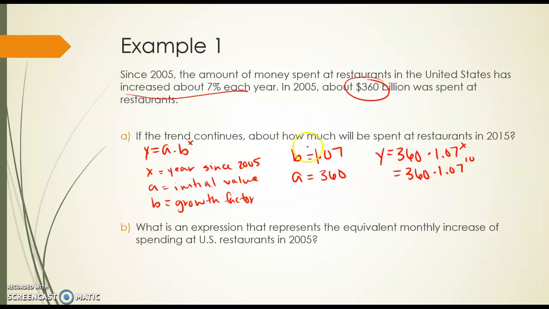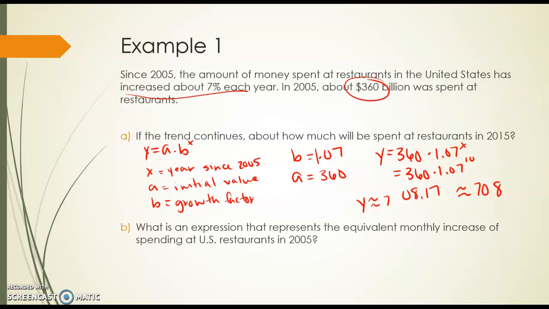All right, so what we end up getting is y is approximately 708.17, which is approximately $708 billion if the trend continues.